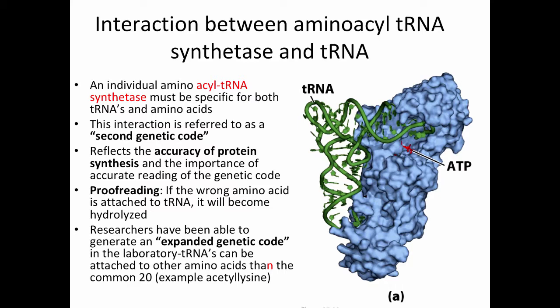It's a really cool little reading. Researchers have been able to generate what's called an expanded genetic code in the laboratory. And this is where tRNAs can be attached to other amino acids other than the common 20 amino acids. So for example, they figured out a way to take a tRNA that's been somewhat modified and attach it to acetyllysine.